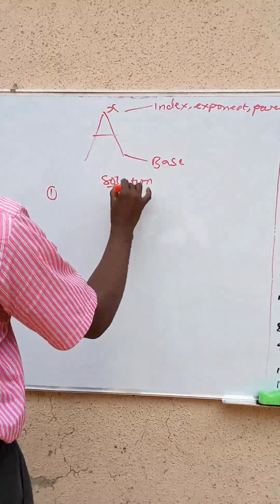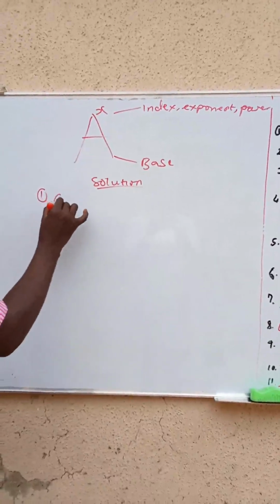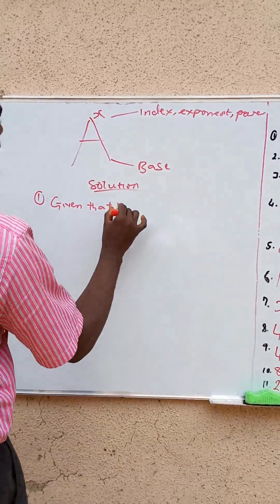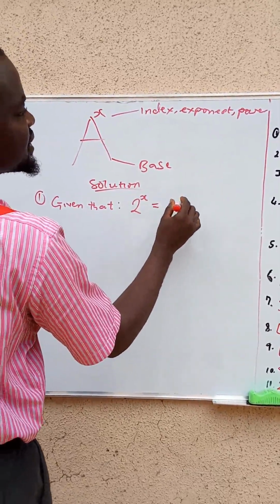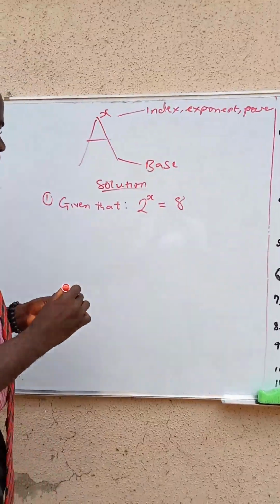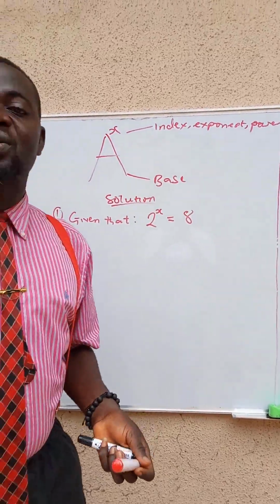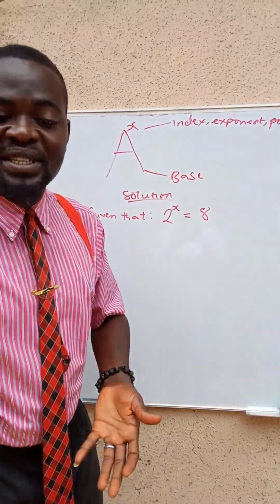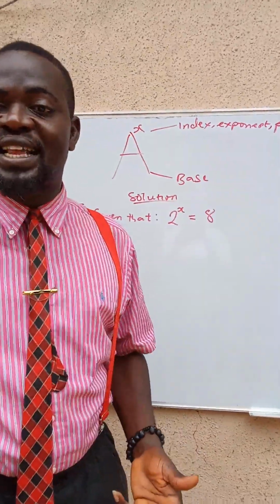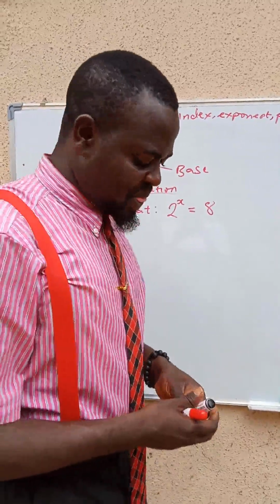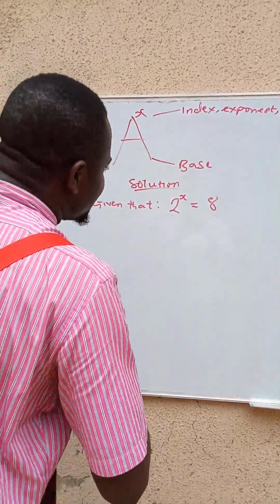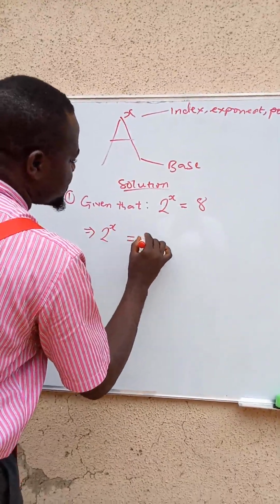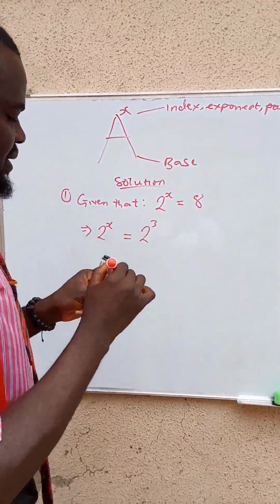Solution. Number 1. Given that 2 raised to the power of x is equal to 8. In mathematics, whether you know it or you don't, just start the solution. So this implies that 2 raised to the power of x is equal to 2 raised to the power of 3.